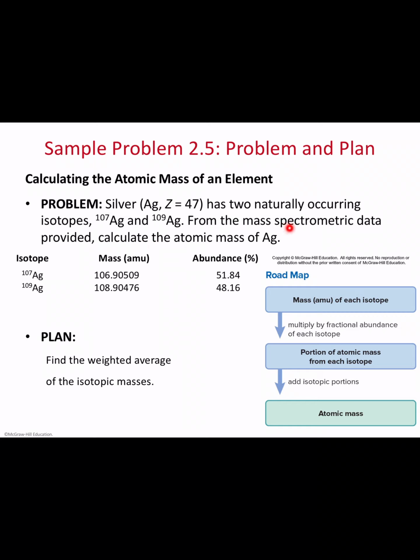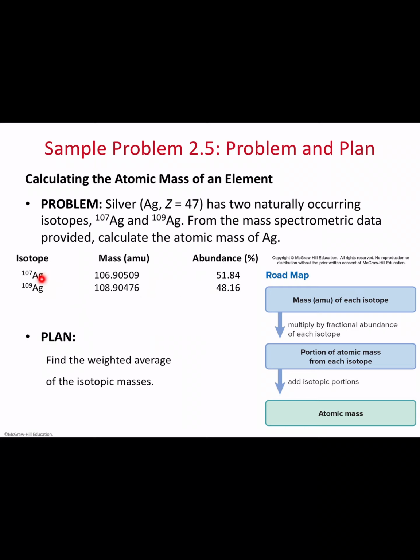Now the mass spectrometer is an instrument where you can find out for each isotope what the percent abundance is. Okay, so these are given to us. So this is the percent abundance of each isotope.